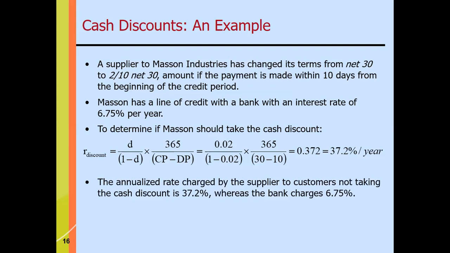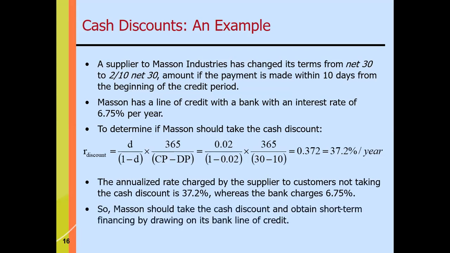However, if we avail of the discount, then the bank charges would be 6.75%. So Mason should take the cash discount and obtain short-term financing by drawing on its bank line of credit, because it's just 6.75%, and we can actually compute that as follows.